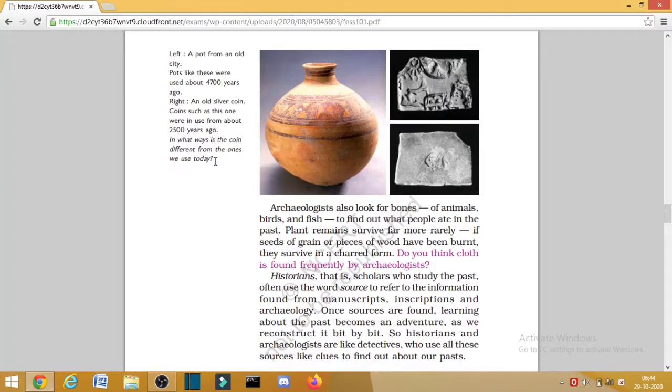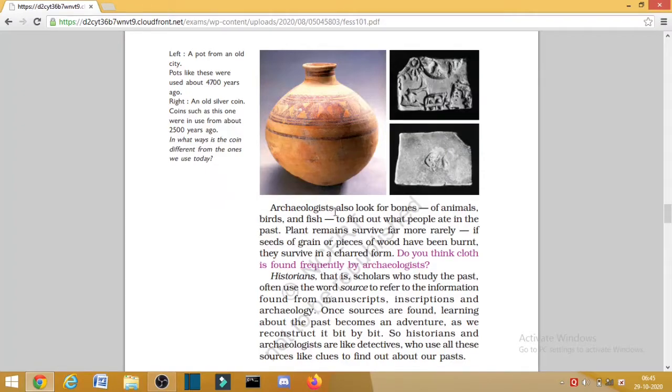Another point: in ancient days the weight of coins was heavy, whereas in modern days the weight of coins is much lighter. Now let us continue the chapter.